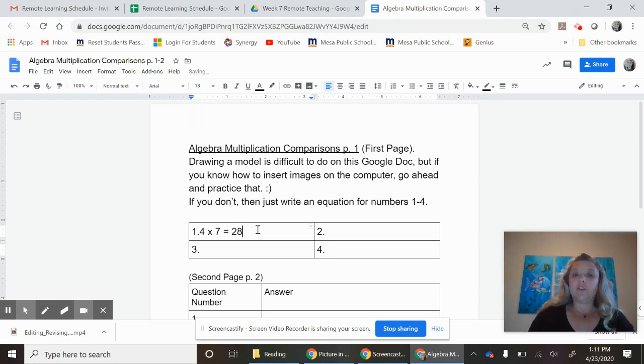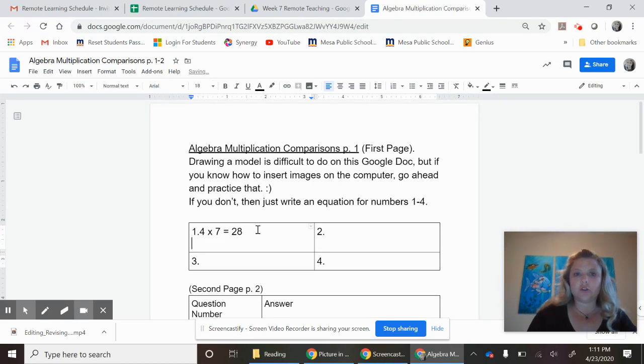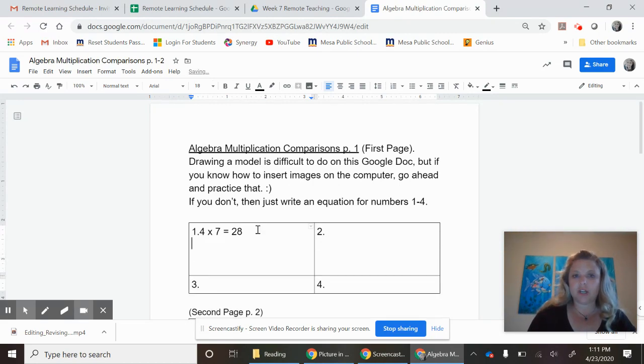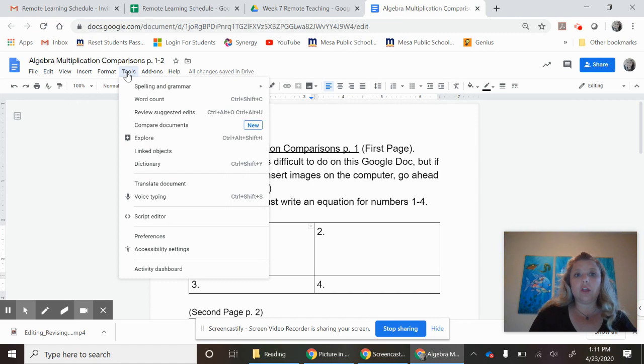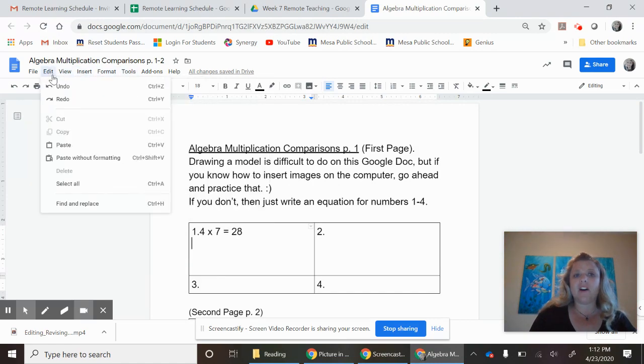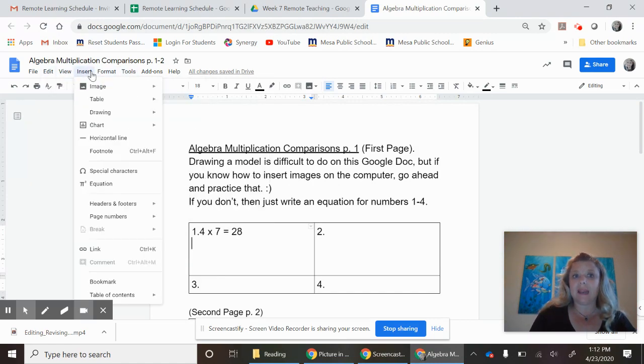Okay. But if you do know how to draw a model, I'm going to push enter a couple times. If you go up at the top, you have insert, and you can insert a drawing, you can insert a table, you can insert an image. I like doing images, and I can search the web for this, and you can copy and paste. You can upload from a computer. They also have different shapes that are already on here that you can insert that way too. You could also use symbols.